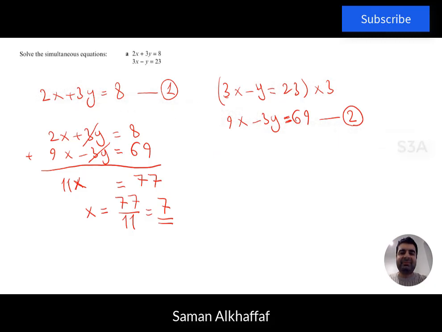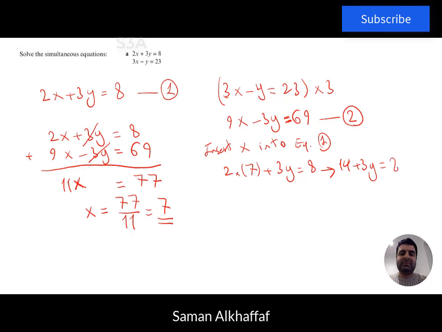So if we try to do that, let's say, insert x into equation 1, so that will give us 2 multiplied by 7 plus 3y equal 8, so that would give us 14 plus 3y equal 8.